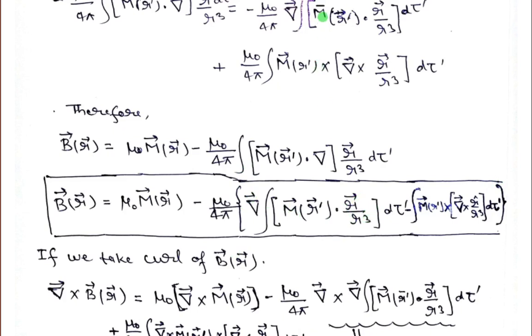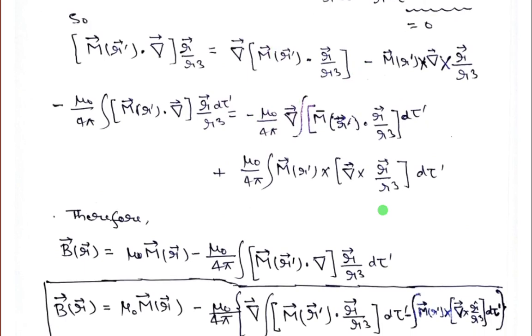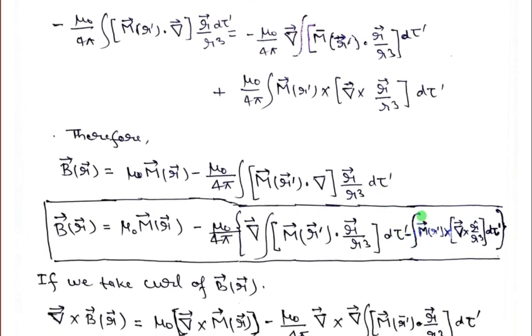So that is the gradient of some scalar function, and then again this minus, so this was minus. If you take the minus outside, that is why I have written minus integral, and then I have taken mu 0 upon 4 pi outside.